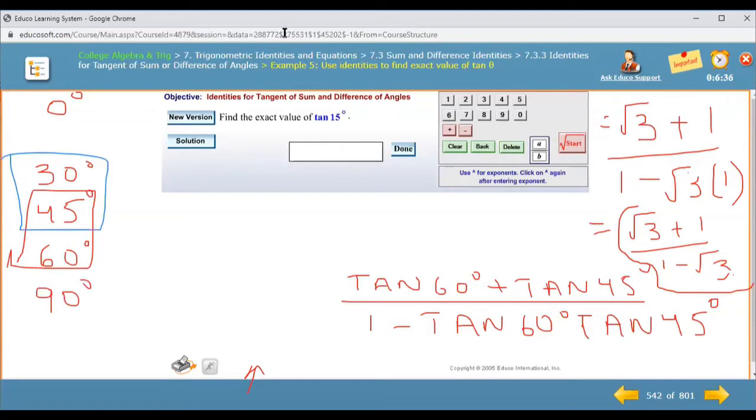What I pick right now is tangent 45 minus 30. I'll be writing it in blue. 45 minus 30 gives you 15.